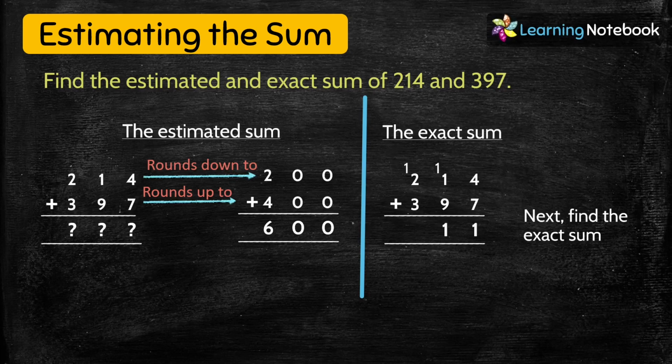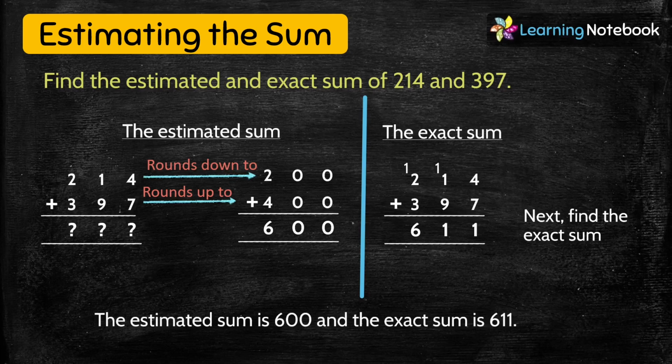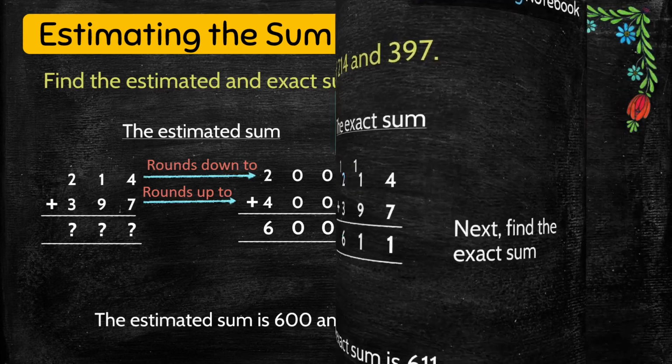Again carry 1 to the hundreds place and 1 comes in the answer. Next, 1 carry plus 2 plus 3 equals 6. So exact sum is 611. So we will write the estimated sum is 600 and the exact sum is 611.